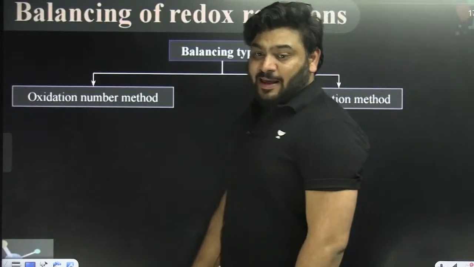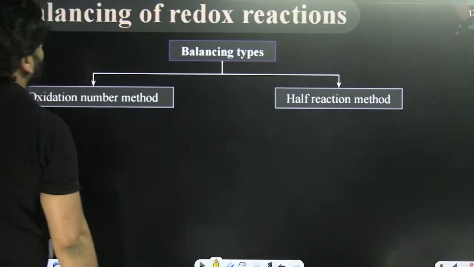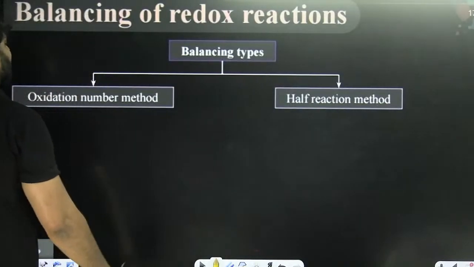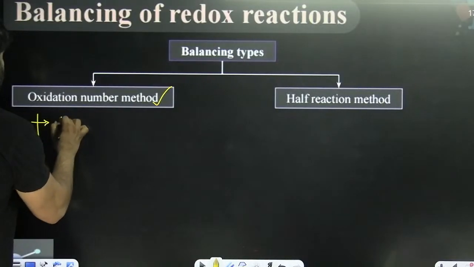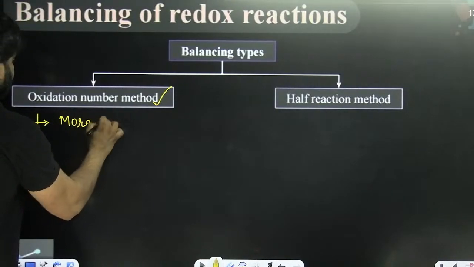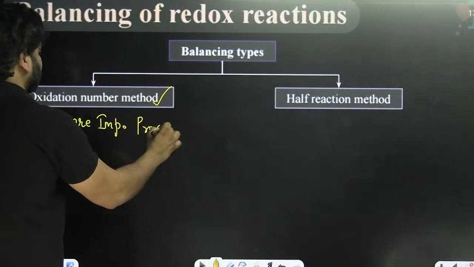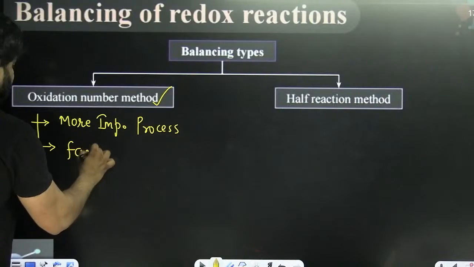Next topic is balancing of redox reactions. So guys, we have two different processes of balancing a redox reaction. One of them is called using the oxidation number method. This is basically the more important process, because it is a faster process.